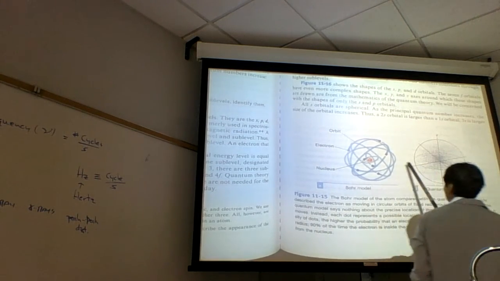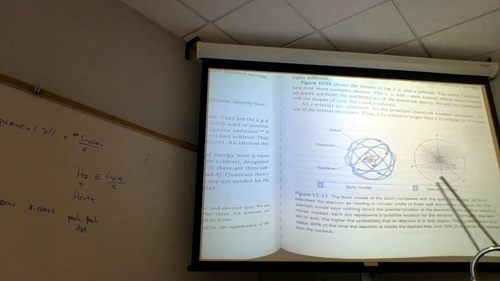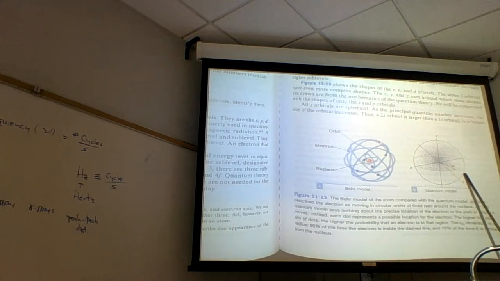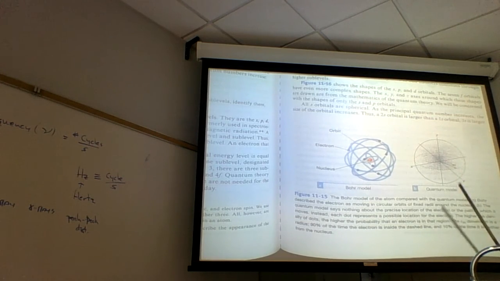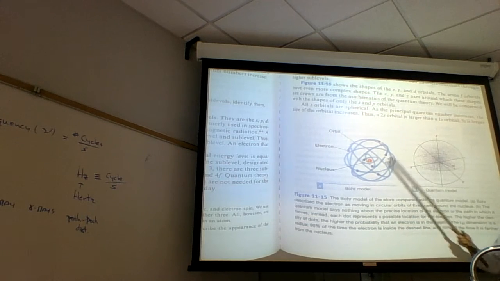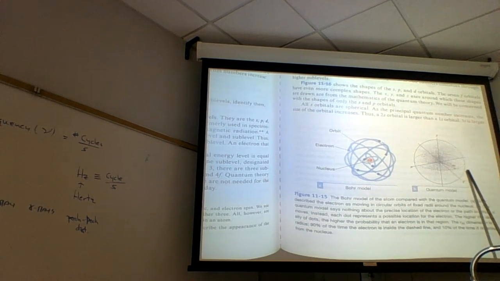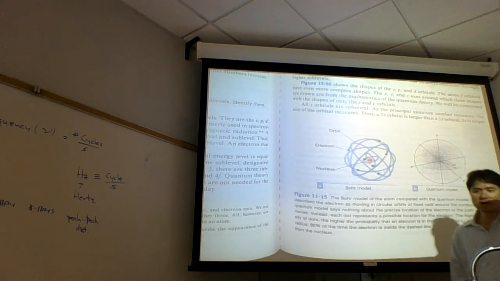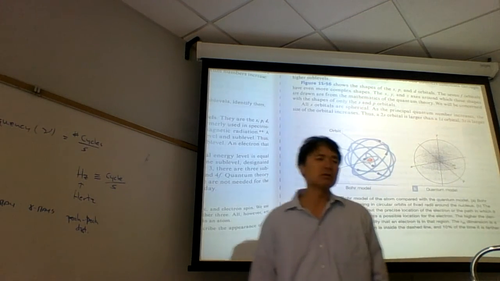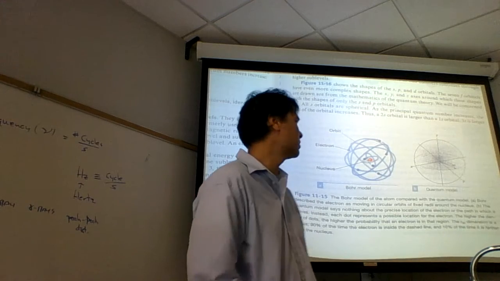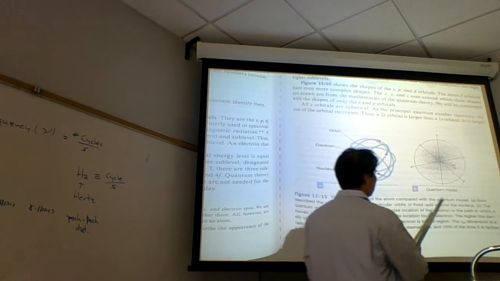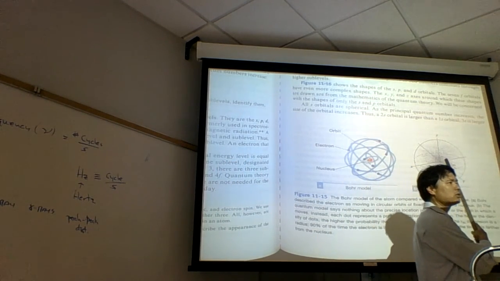If we take that first orbit, this is how we visualize that first orbit in terms of quantum mechanics. Now this is very confusing because we call this an orbit. Do you know what we call this? An orbital. Now, an orbital is very different than an orbit due to the Heisenberg uncertainty principle. So what the heck are you looking at here? You're looking at the Heisenberg uncertainty principle in action.